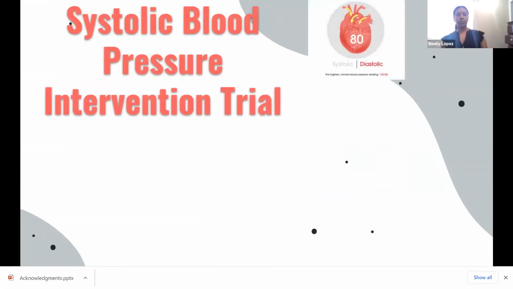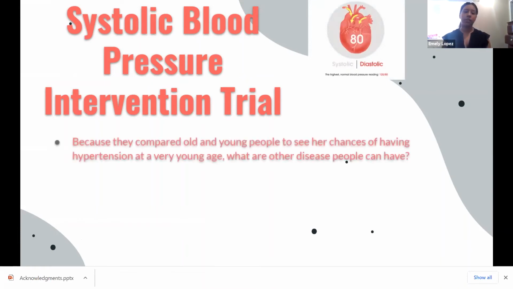Systolic blood pressure intervention trial, because they compared old and young people to see their chances of having hypertension at a very young age. What are other diseases other people can have? This research is participant observation.